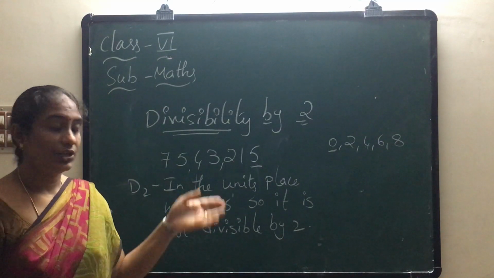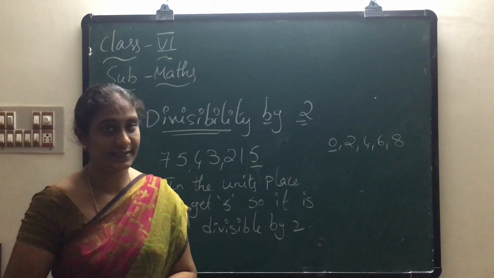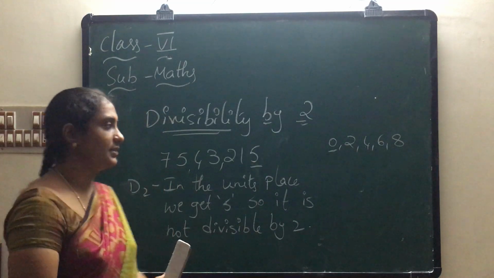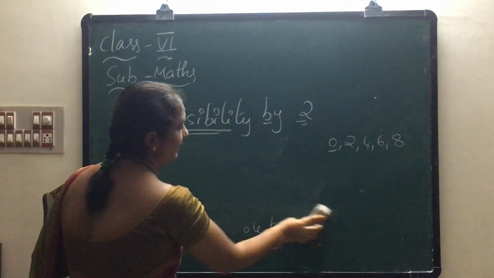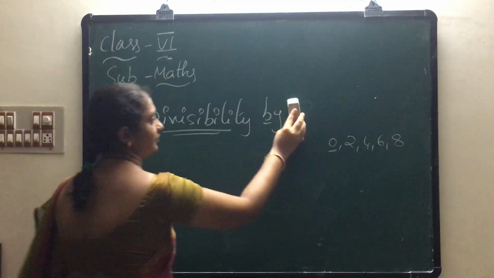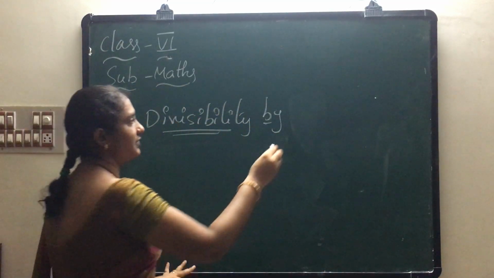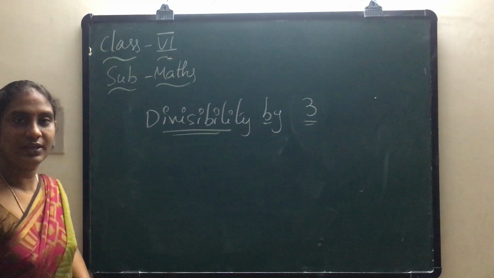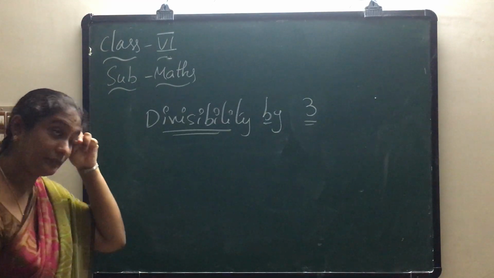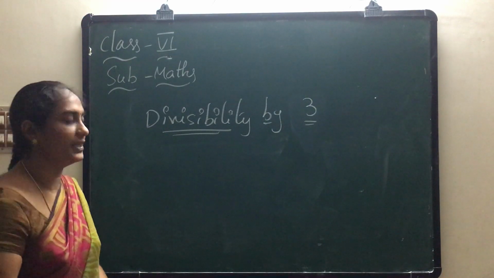Now you have learned about the 2 table. Now what is the next table? The 3 table. See, the next table is the 3 table. Divisibility by 3. Divisibility rule for 3. What we have to see here?